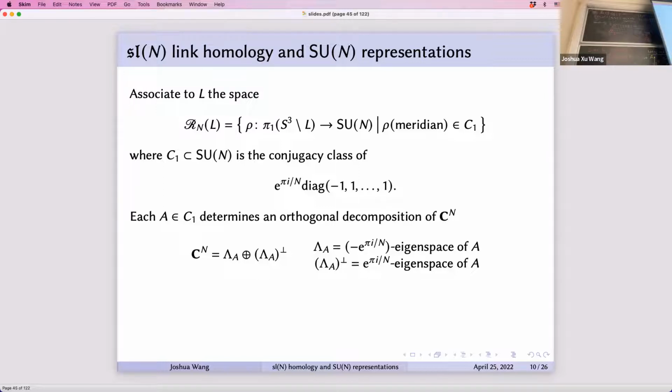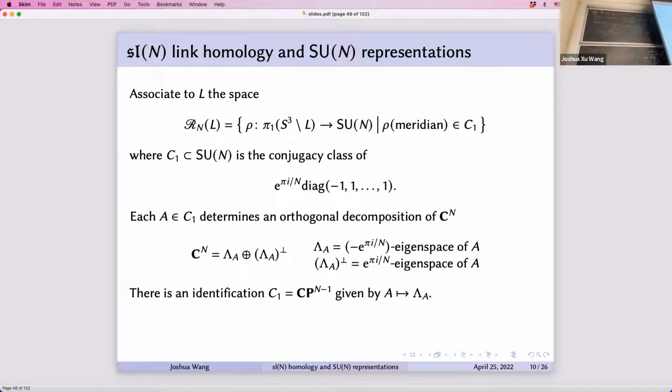And its orthogonal complement is the eigenspace of the other block, which will be an (N-1)-dimensional vector subspace. So the matrix A determines a line inside of C^N, a particular one-dimensional vector subspace. And conversely, if you give me a line, I can define a matrix A inside of C_1 just from this formula. So you can identify this conjugacy class with CP^(N-1).